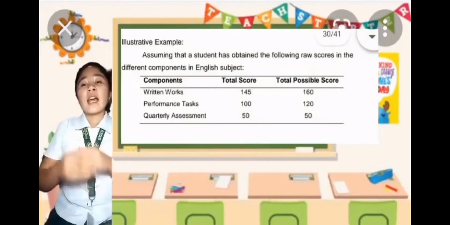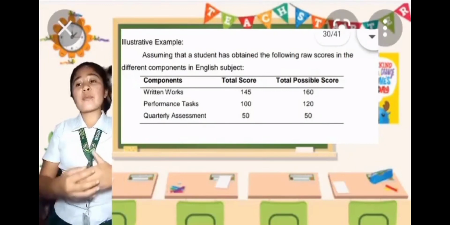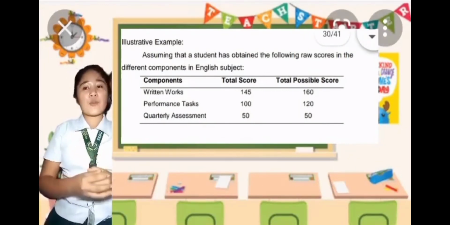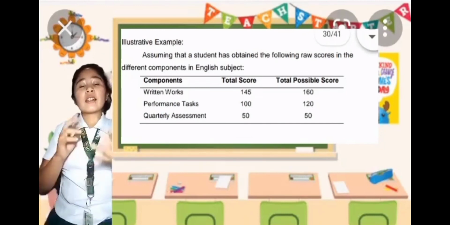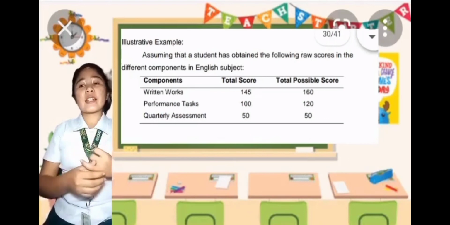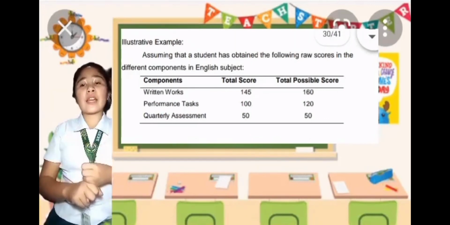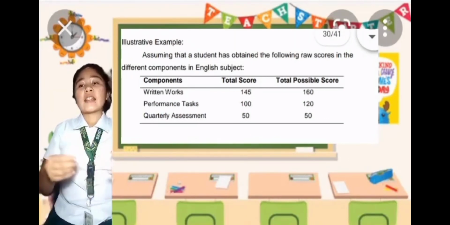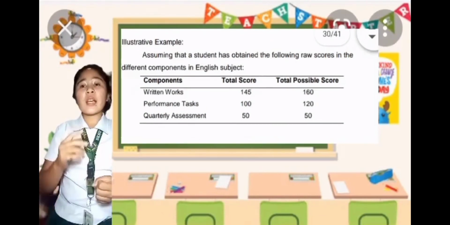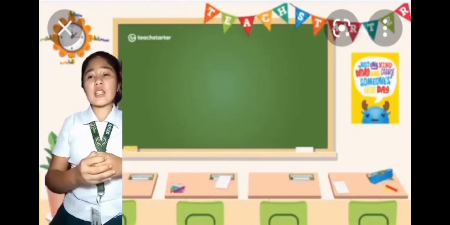Assuming that a student has obtained the following raw scores in different components in English subject, there are the 3 components, and the total score of the learner is 145 in written works, while the total possible score is 160. Convert it to percentage score.